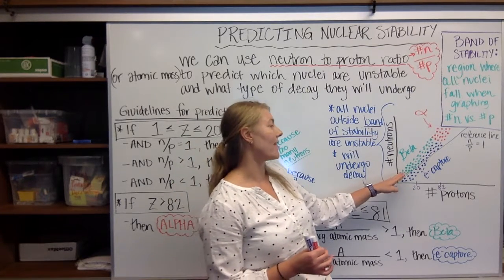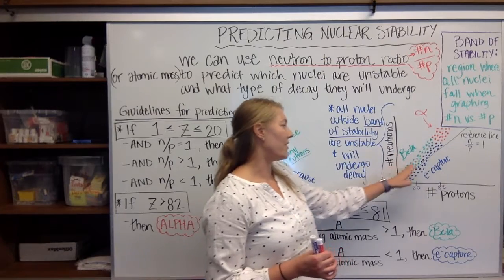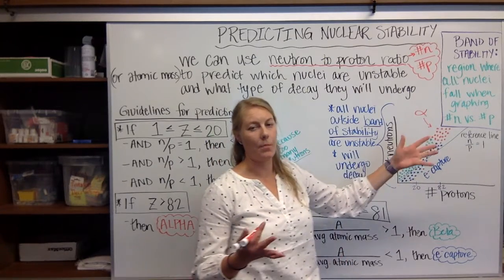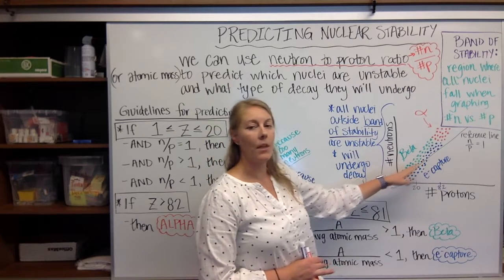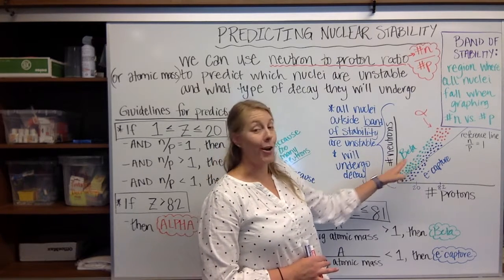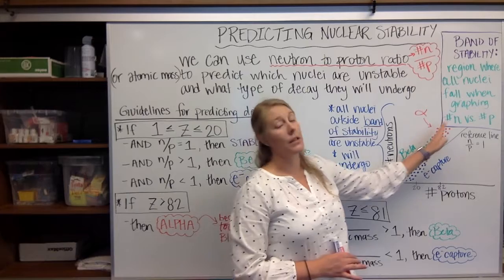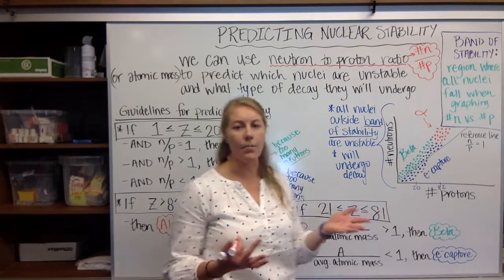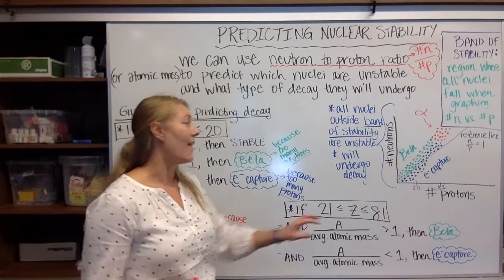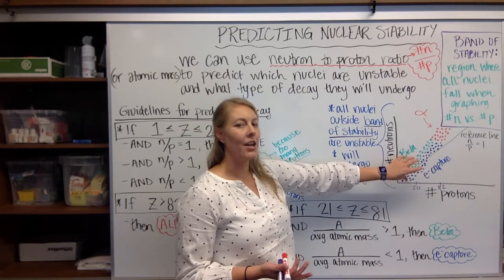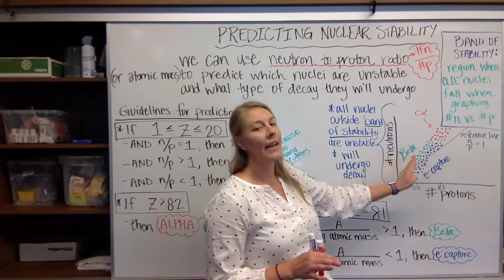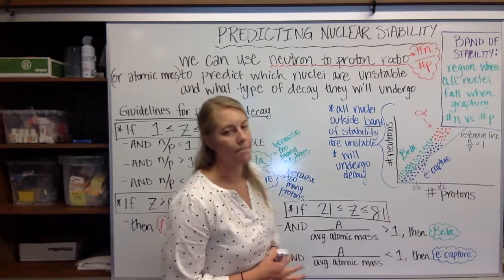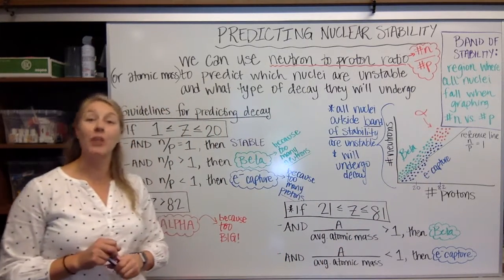But what I want you to notice is that all of these dots are representing different isotopes. They generally tend to follow this n over p equals 1 line until they don't, until they start to go up a little bit. So that's going to come into play when we're predicting decay. It's nice and neat down here where we have slightly smaller isotopes, and when they start to get bigger, it gets a little more subjective.